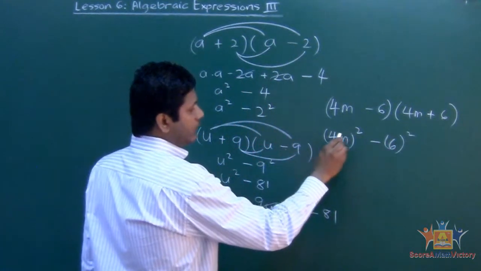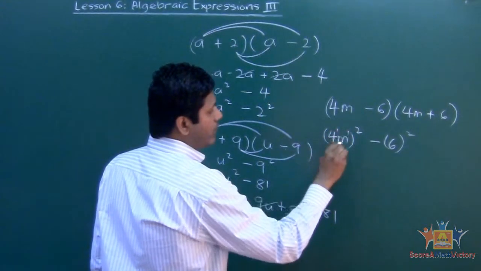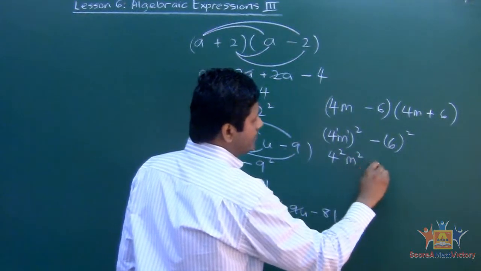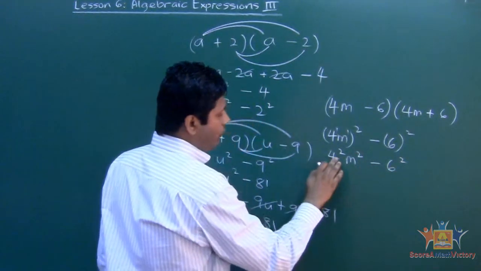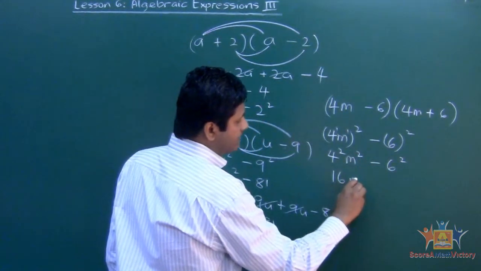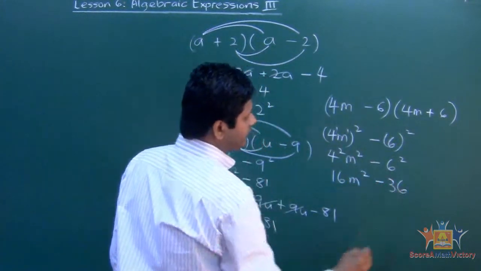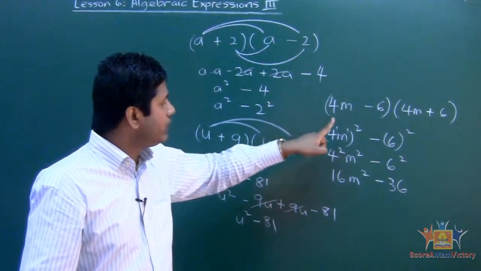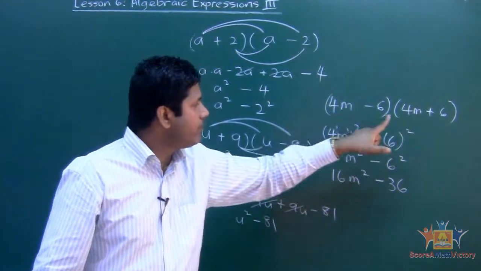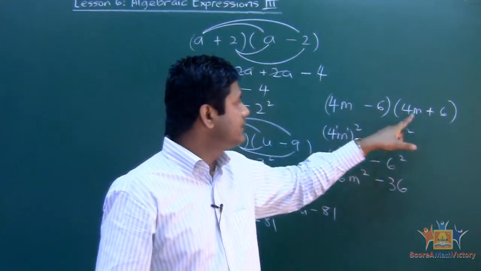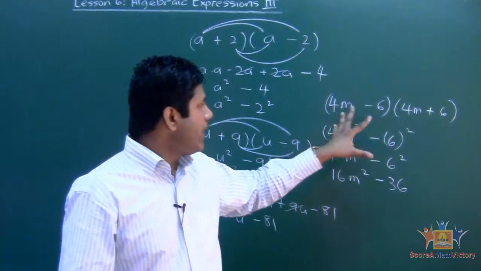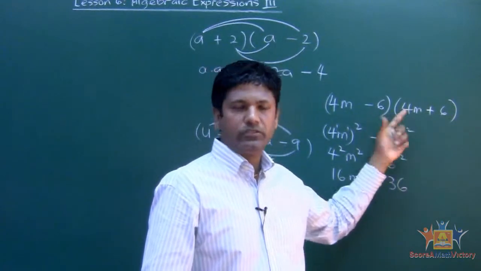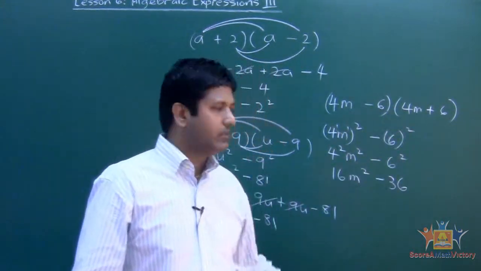So that makes it 4 squared m squared minus 6 squared. 4 squared will be 16m squared minus 36. That's what that will be. Alright, now make sure it's 4m, 4m, minus, plus, 6, 6. They're identical except the middle is the minus and plus. So either plus or minus plus will give you that.